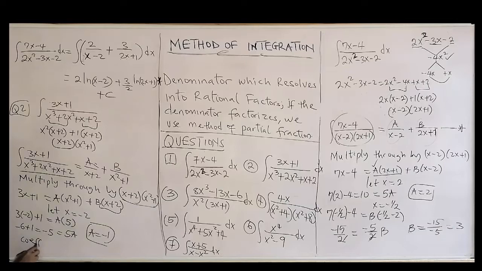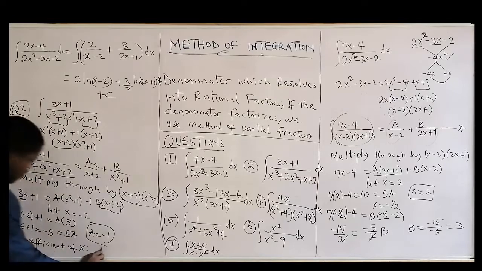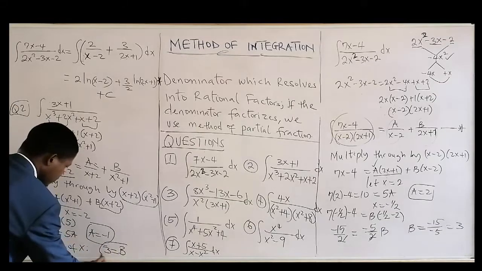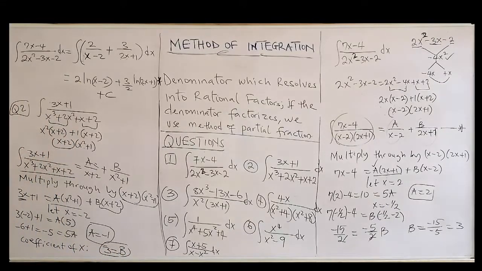The coefficient here is 3, so 3 equal to, we don't have coefficient of x here, but we do have it here, so that will be equal to bx. So b is equal to 3, which is very straightforward. Then the next thing to do is to plug in those values.